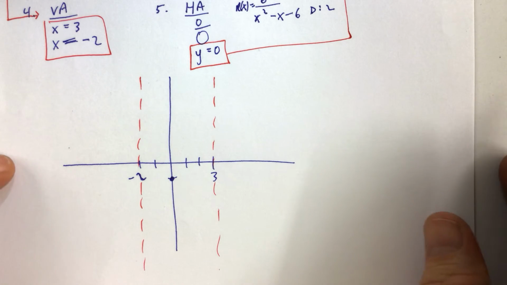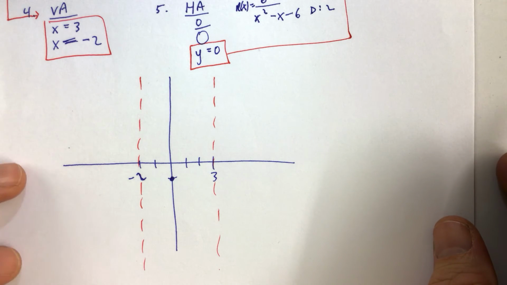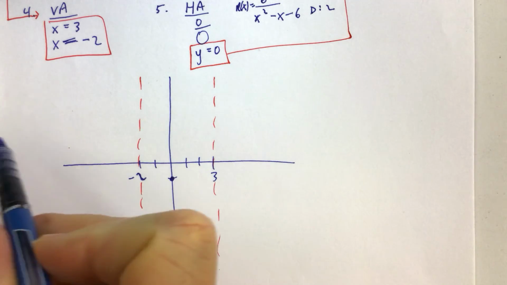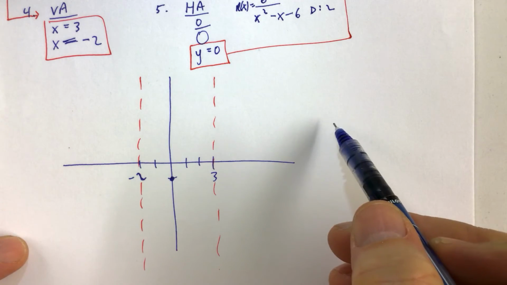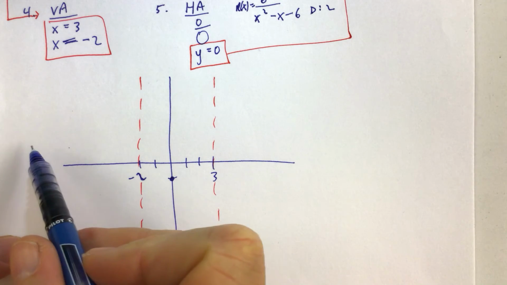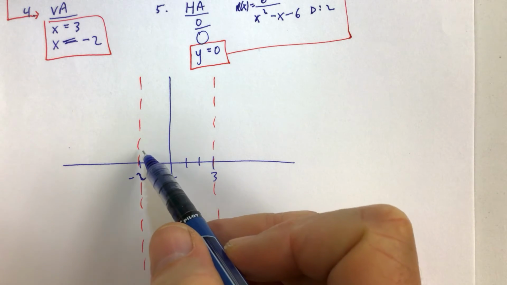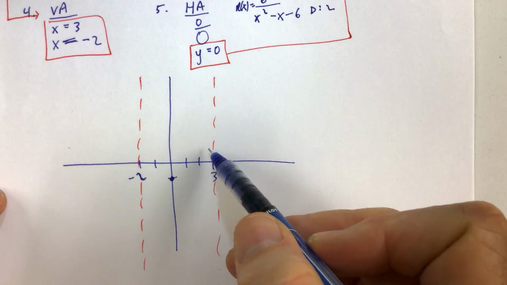And the thing with rational functions, which you'll start to get more familiar with, is they are made up of polynomials, and so they're nice and smooth and continuous, except for when there's a break in the graph. And the break in the graph for rational functions will always be either a vertical asymptote or a hole.